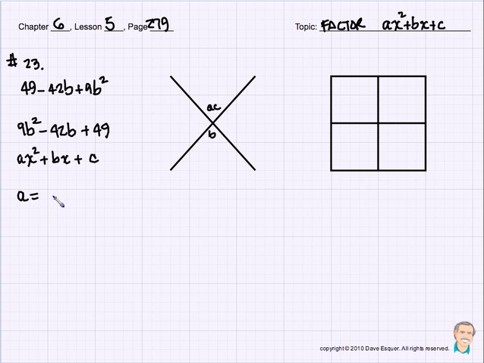So we have a is going to be equal to 9, b is going to be equal to negative 42, and c is going to be equal to 49. So in our cross we have a times c, which is 9 times 49, and that turns out to be, I believe, 441. So we've got 441 in the top.